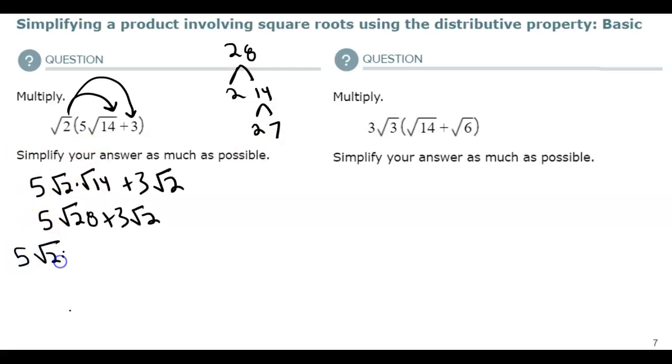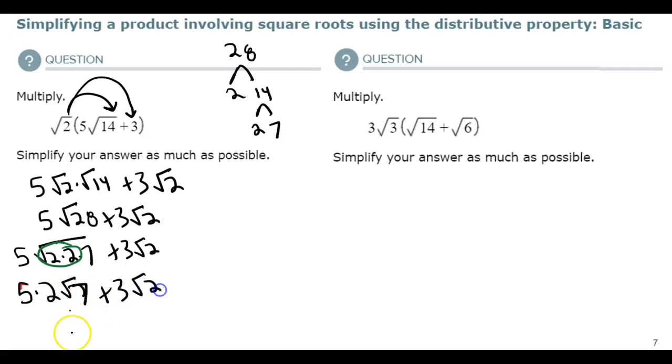So 5, 2 times 2 times 7. 5 times 2 square root 7 plus 3 square root 2. 10 square root 7 plus 3 square root 2. These are not the same, so I cannot simplify further. Those are different, so I'm going to highlight them different colors.